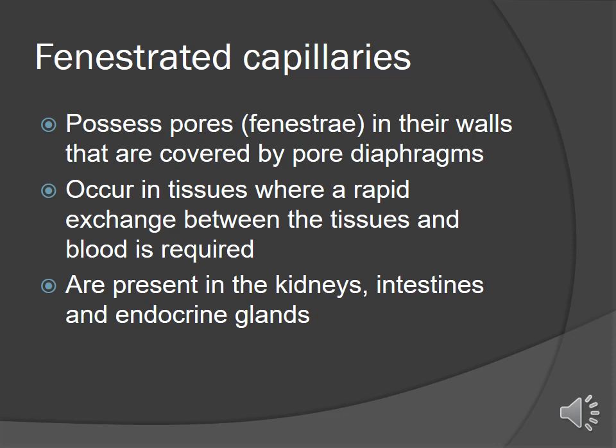The continuous basal lamina is located across the fenestrations on the basal plasma membrane surfaces. Fenestrations in the cytoplasm of endothelial cells are designed for rapid exchange of molecules between blood and surrounding tissues.